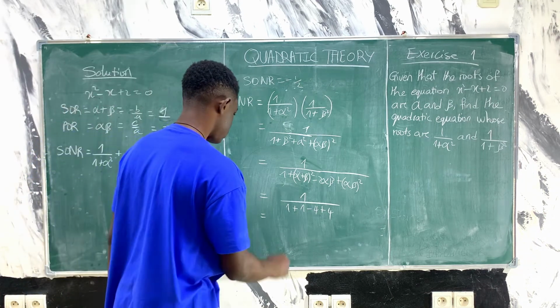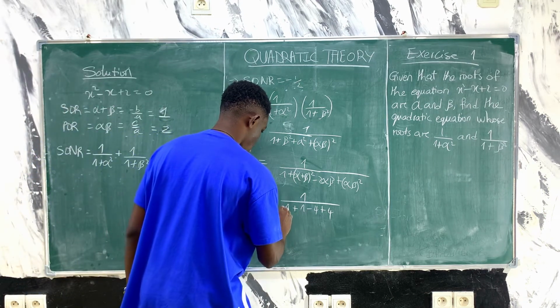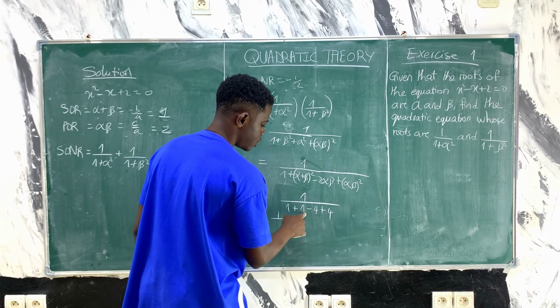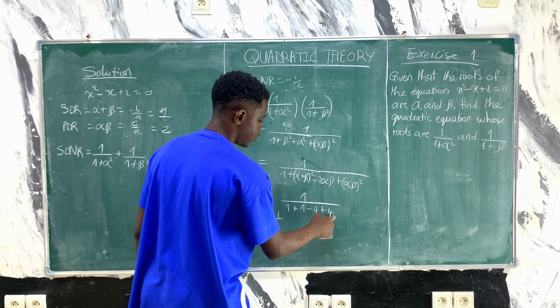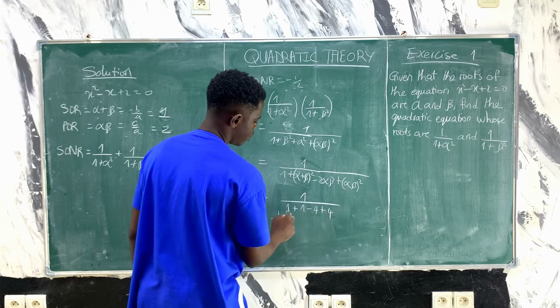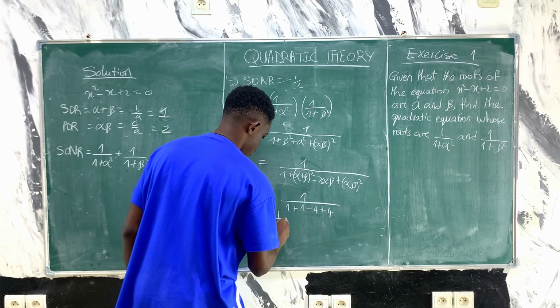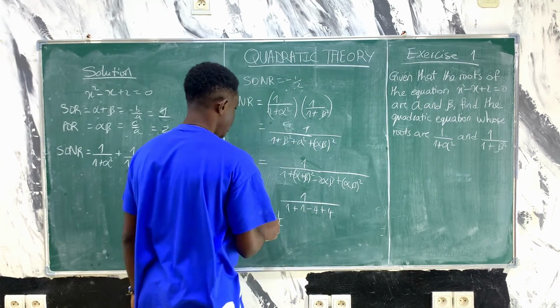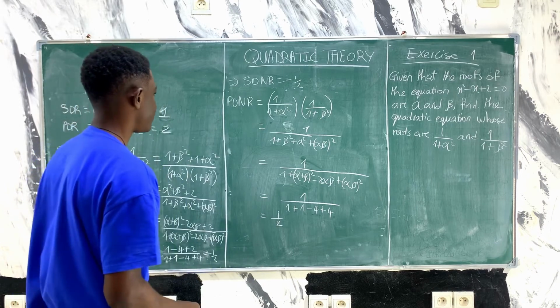No, it's not it. It will be equal to half: 1 on 1 plus 1 minus 4 plus 4 is 2. So we are going to have half.